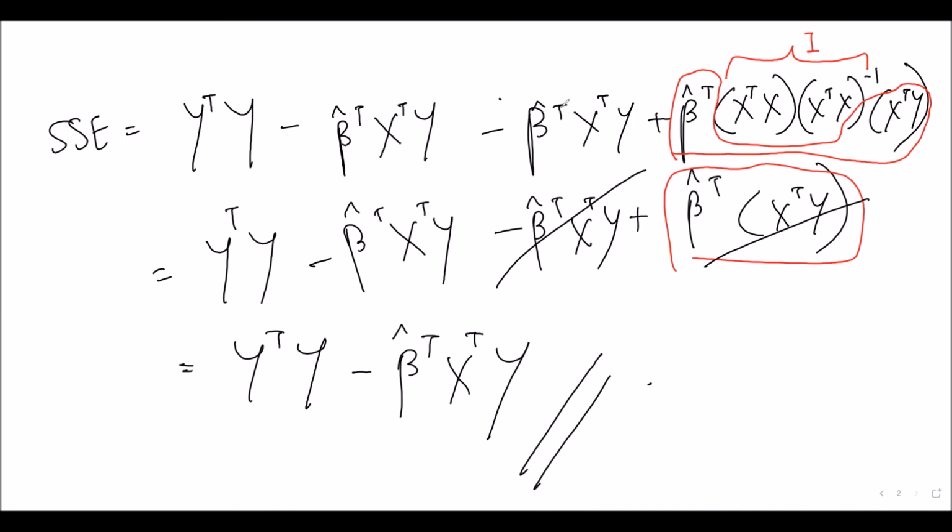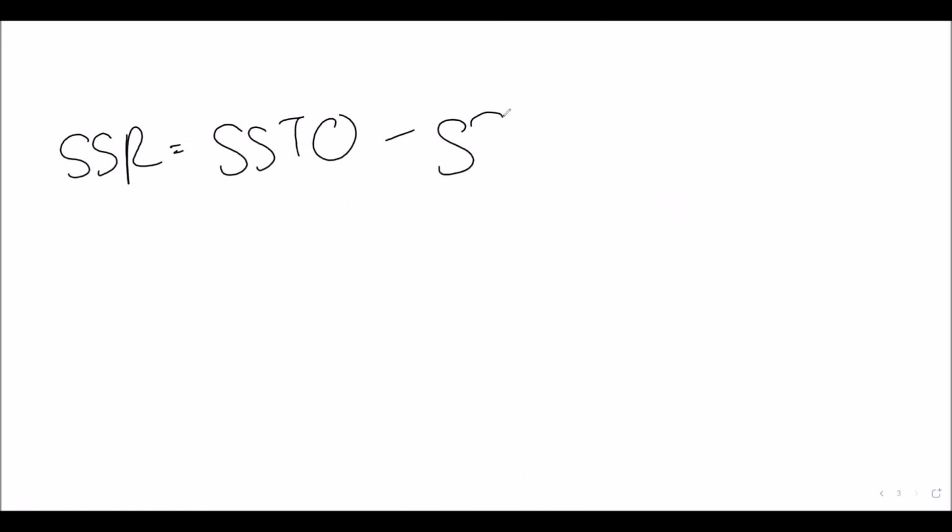So we know SSTO and we know SSE, so it's just a matter of getting the difference: SSR is equal to SSTO minus SSE. So when you get the difference, write it.